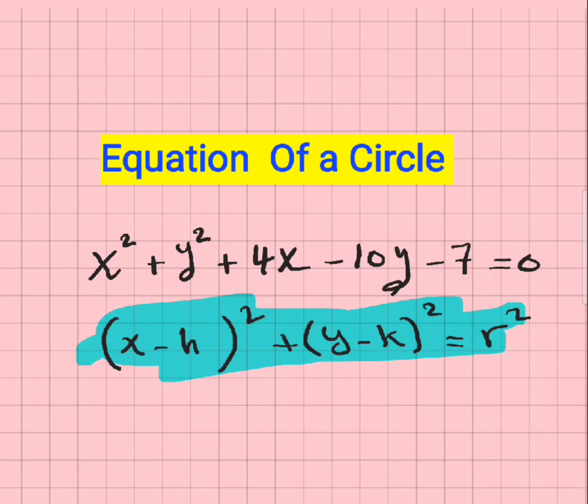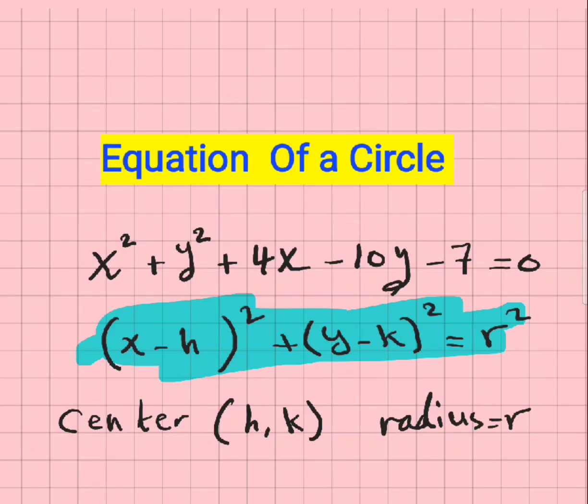We know that the center of the circle is (h, k), and the radius is equal to r. So as long as we can get it in this format, determining the center and the radius is pretty simple, correct? Do you guys agree? Now we need to figure out how to take it from this format to this format.